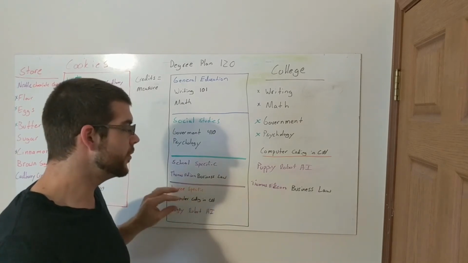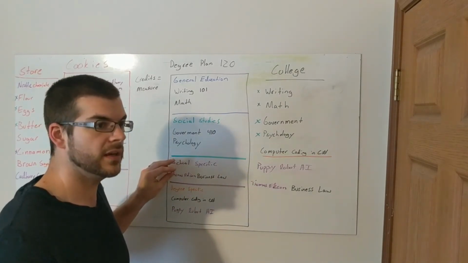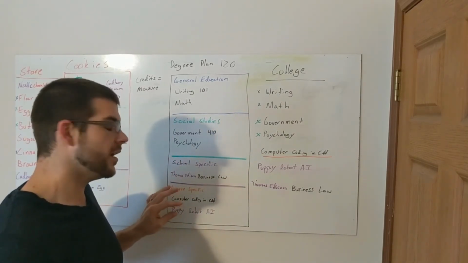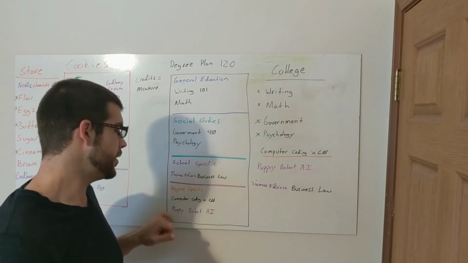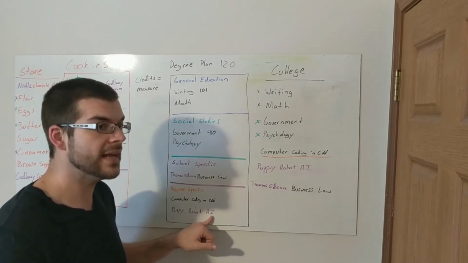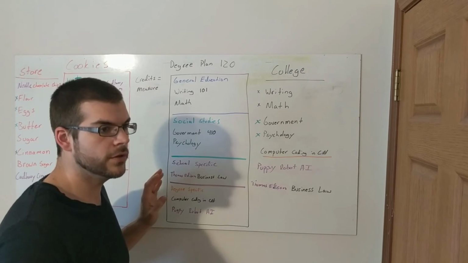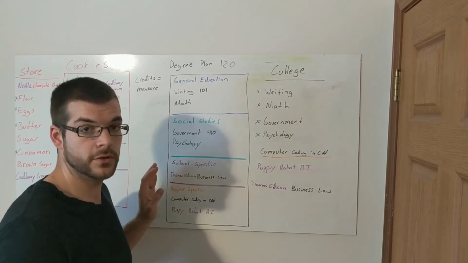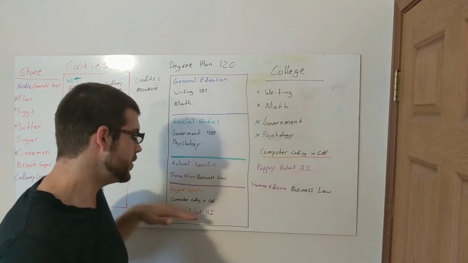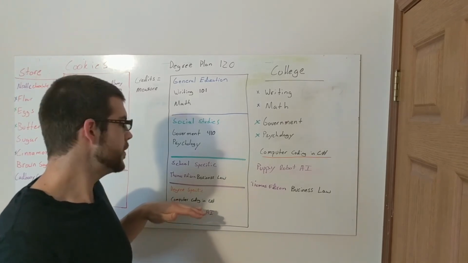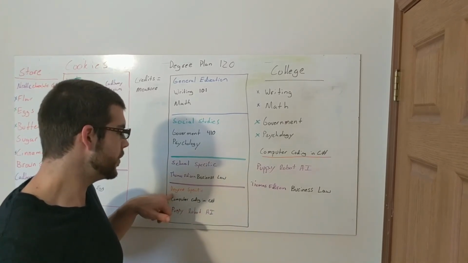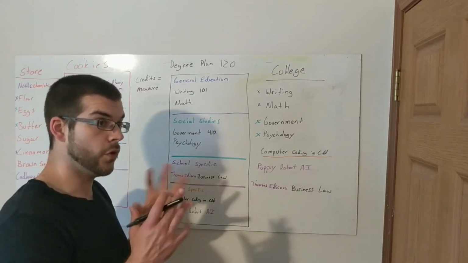So that would be degree specific and school specific. But if instead of getting a computer science degree, which means that you have to take this class, you get an art degree or a nursing degree, you suddenly don't have to take this class anymore. So degree specific and school specific can sort of overlap.